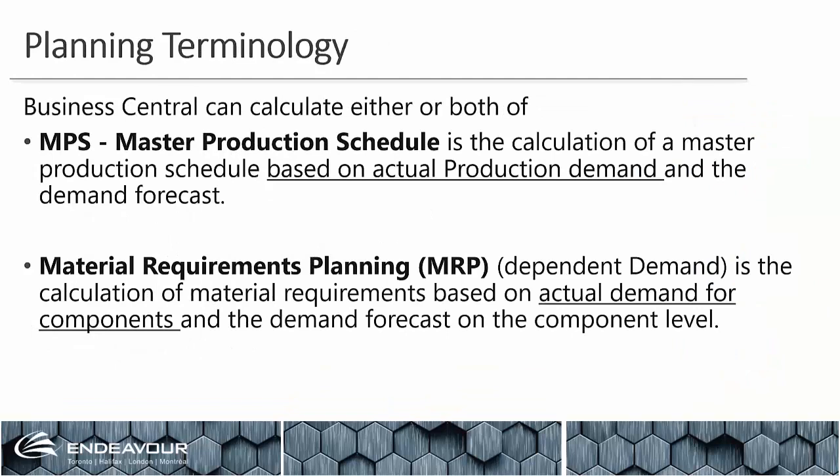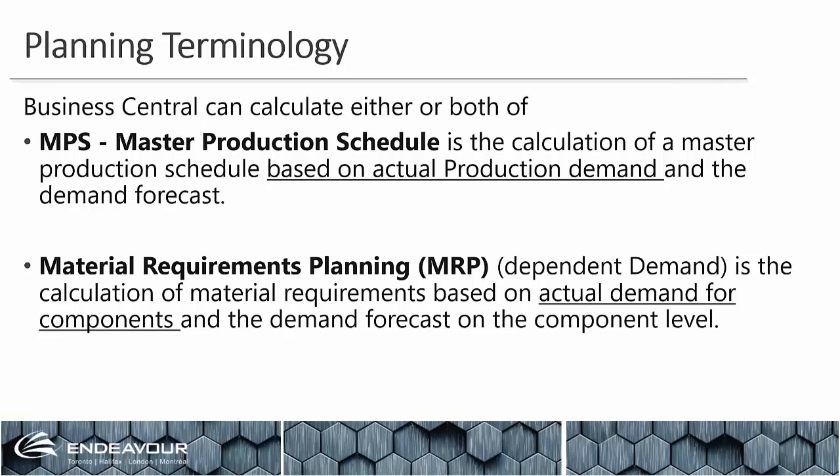MPS and MRP, those are the main two terms that we use in Business Central. MPS stands for master production scheduling, or as some people refer to it, independent demand, meaning it's a calculation of master production schedule based on the demand forecast, which could be for sales or production, and the actual production demand.